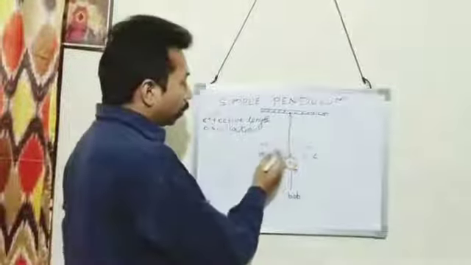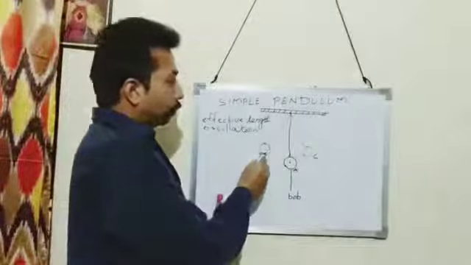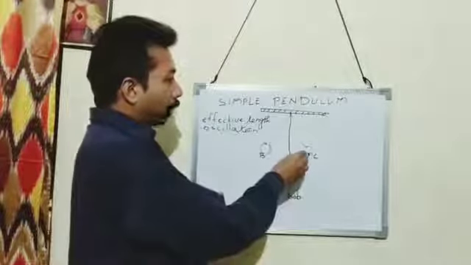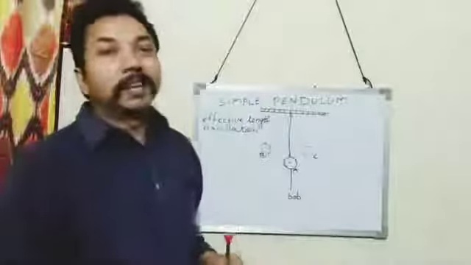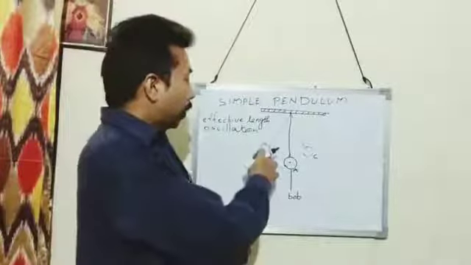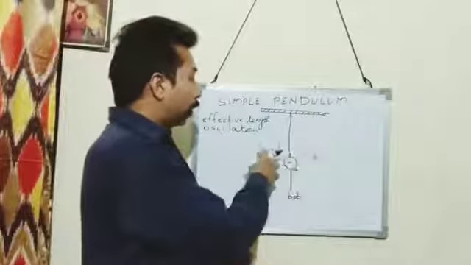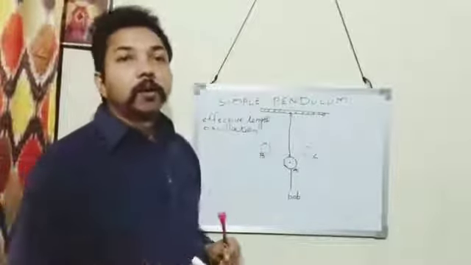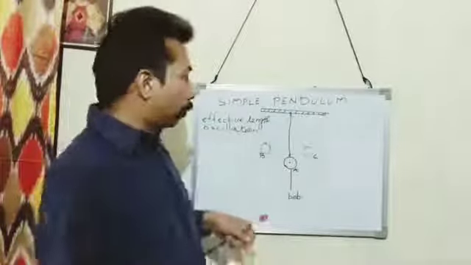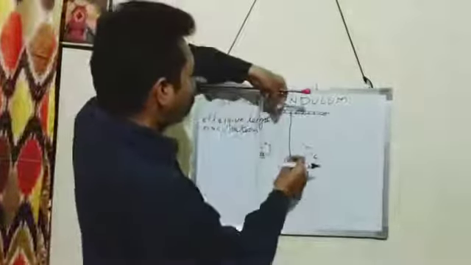One oscillation means it goes from B to C, then comes back from C to B. One complete to and fro motion is one oscillation.